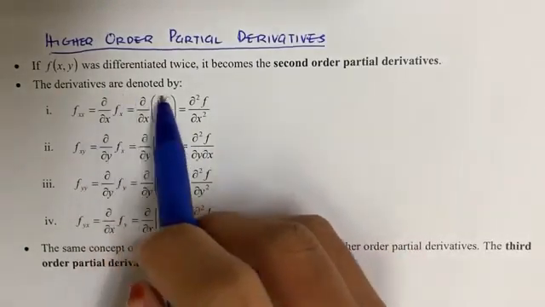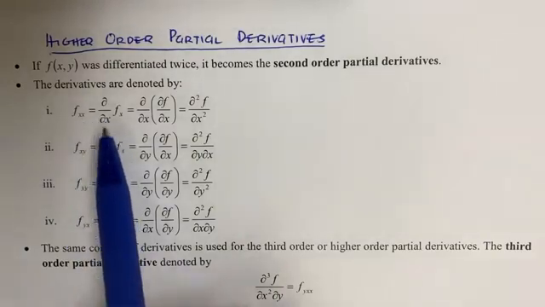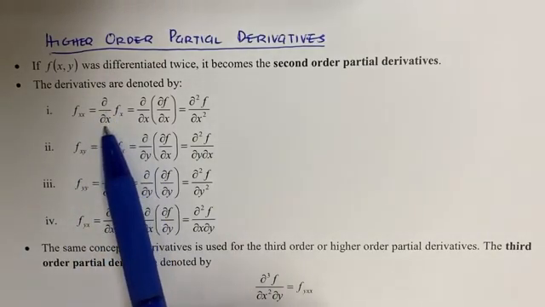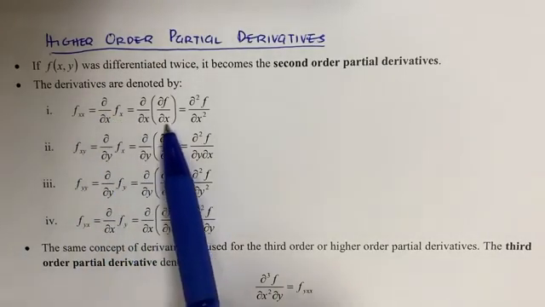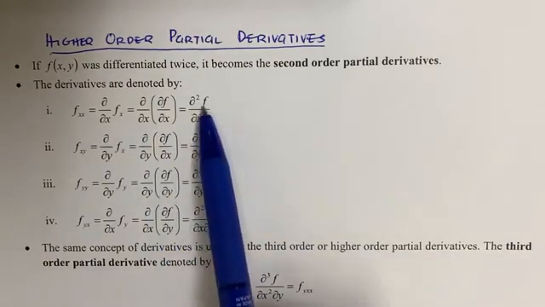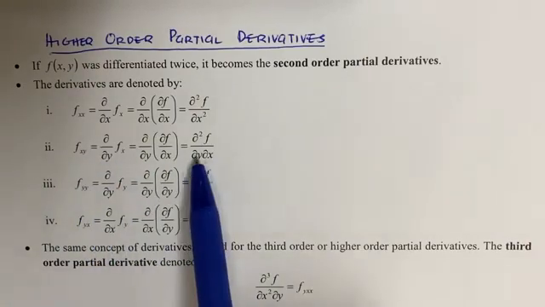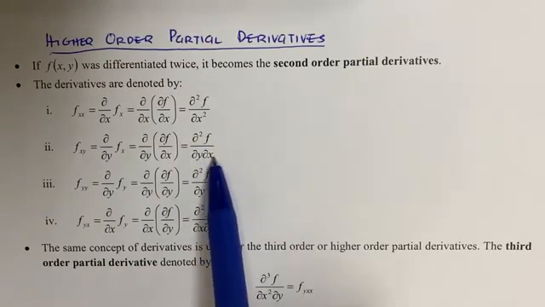The derivatives are denoted by, the first one, f_xx, is del over del x for f_x. So you differentiate del f over del x again with respect to x. So you have this form, del square f over del x square. Second, you have f_xy. f_xy can be written as del square f over del y del x.